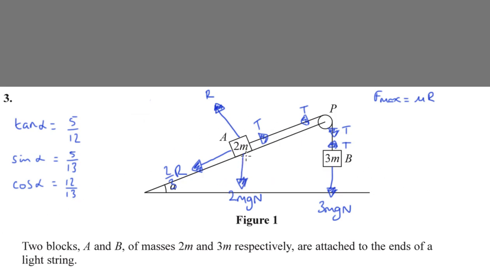I'm going to resolve the forces from this weight here. That will be 2mg cos alpha, and this will be 2mg sine alpha. Okay, I've got all that, which means I do not need to worry about it.